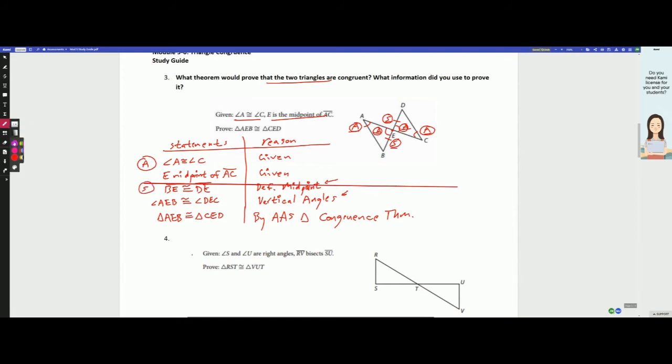And then another angle from the last thing that was given for us right here. Now I know you're like, what? That spells ASA, but if you look at the figure, in sense of order, we have angle, angle, side. That's why it's angle, angle, side. Okay, it's all about positioning.